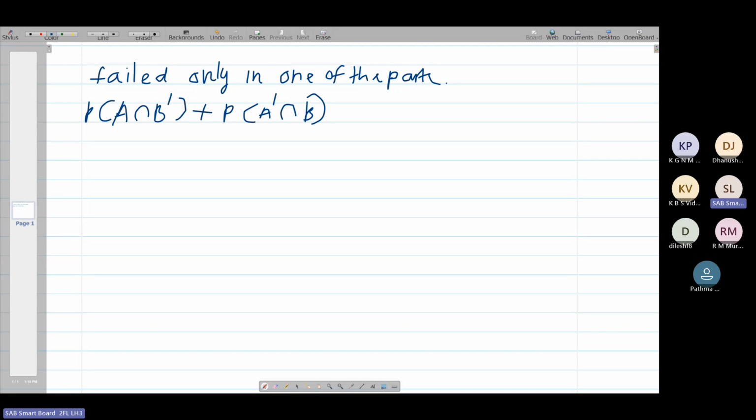Then A only: A is 20, over 50, minus intersection 3. Then plus B only: B is 15, then minus intersection.